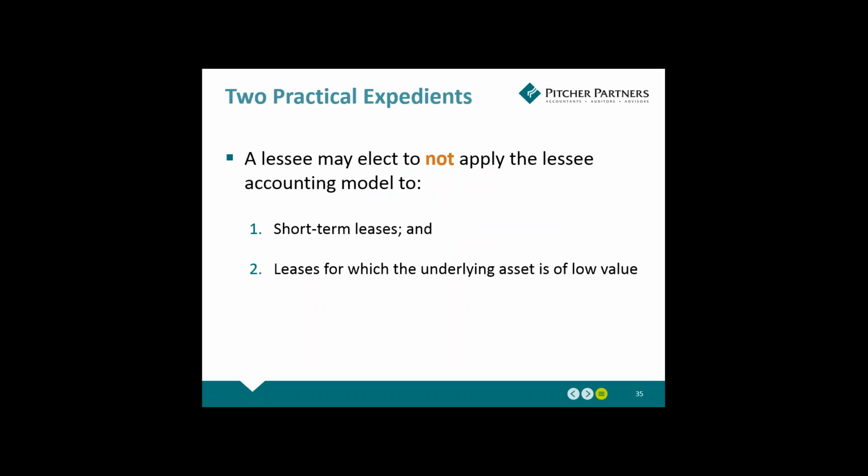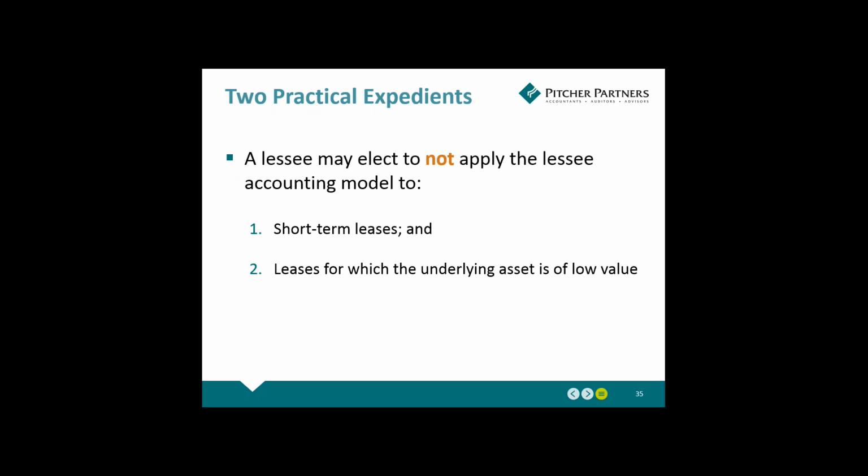So what are they? A lessee may, so you don't have to, elect to not apply the lease accounting model to short-term leases and to leases for which the underlying asset is of low value. So if you've got a short-term lease, you're going to say, I don't want to do this accounting treatment in IFRS 16. I want to continue with what I currently do for operating leases in terms of AASB 117.